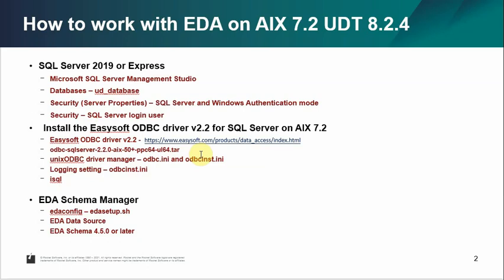My machine is AIX 7.2. I put it in the C10 folder and extract it using the tar command, extracting all the components so I can install from there. Then you need to set up the odbc.ini to connect to your SQL Server, so you can run the isql command to verify it.